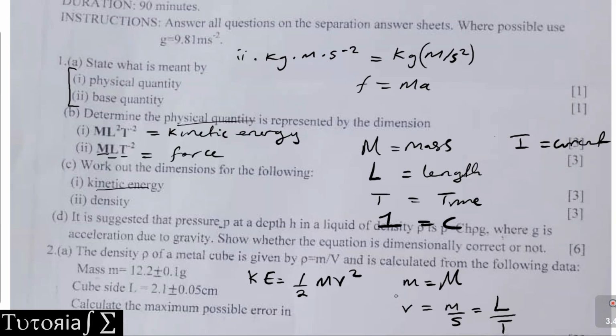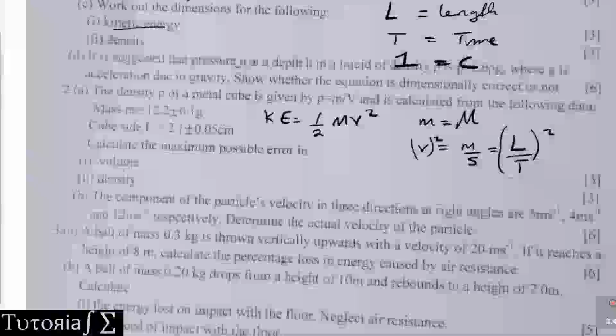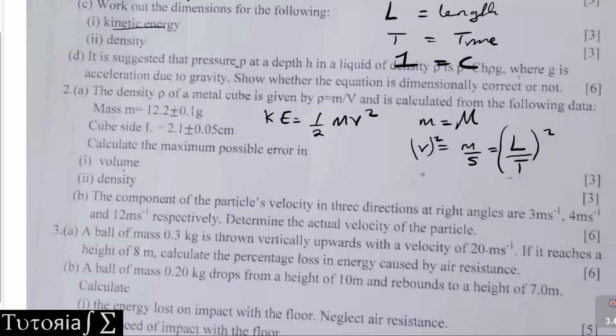And now this is squared, so if we say V squared, we also square this side. So the dimension of a constant is 1. Kinetic energy equals the dimension of half, which is just 1, times m, which is our mass, so we say capital M. Then our V squared is L squared over T squared.